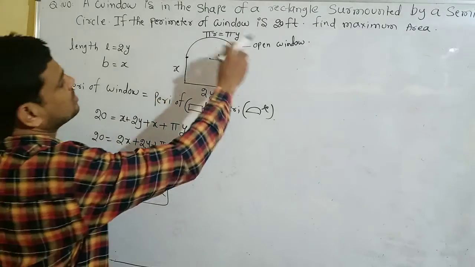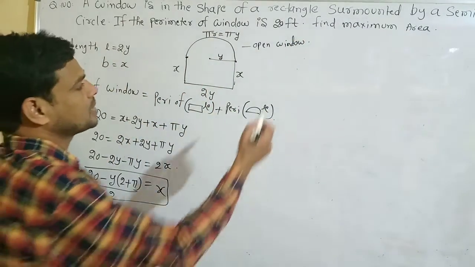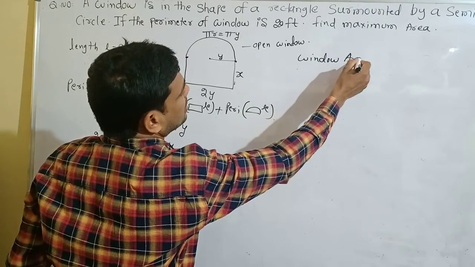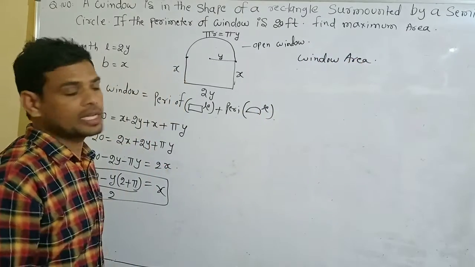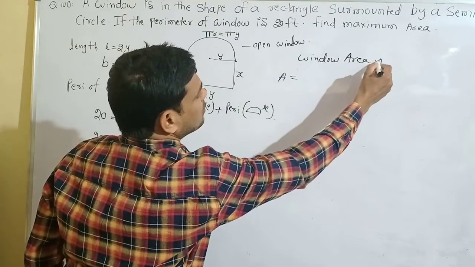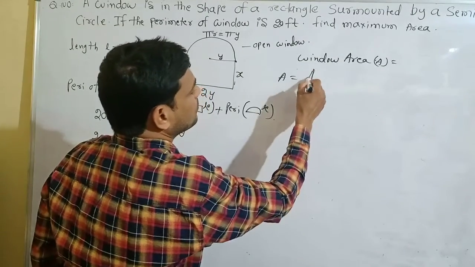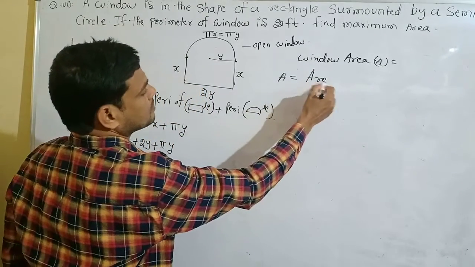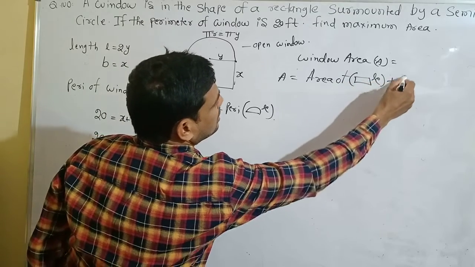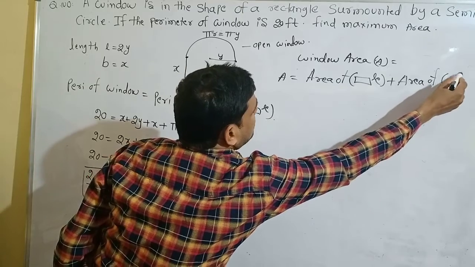Now we actually find the maximum area. Maximum area means the window area. It is denoted by A, equal to area of rectangle plus area of semicircle.